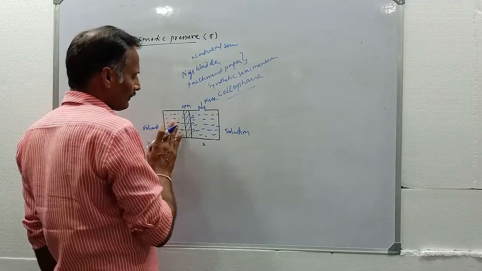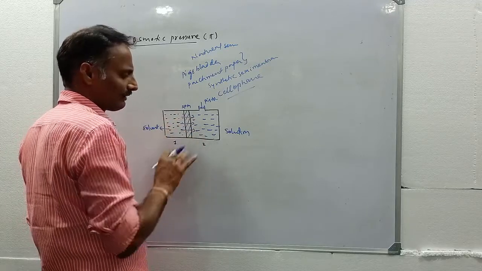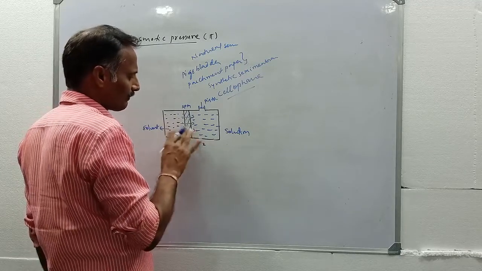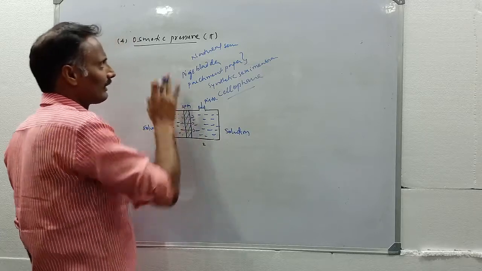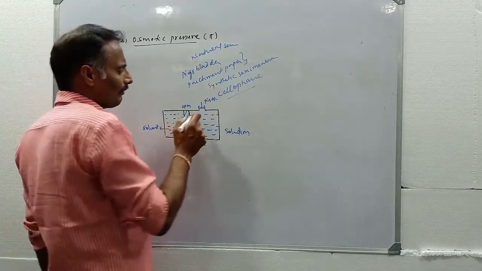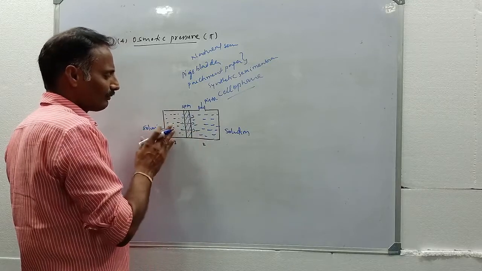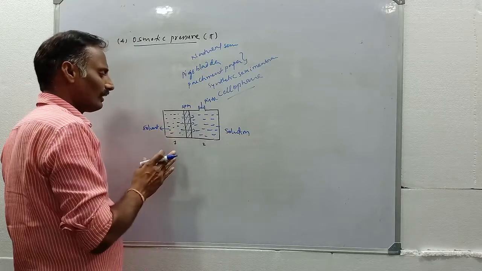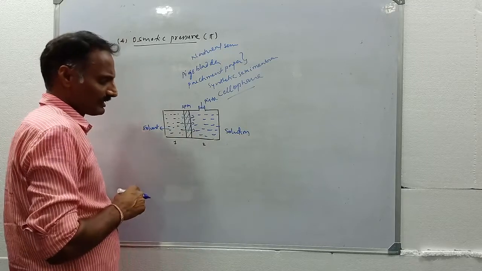For the movement of solvent molecules from lower concentration to higher concentration, some pressure is required, and that pressure is called osmotic pressure. What is osmosis? Osmosis means the flow or movement of solvent molecules from lower concentration to higher concentration, into the solution.